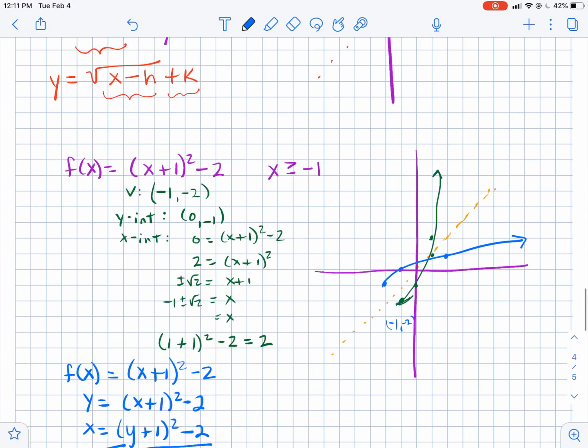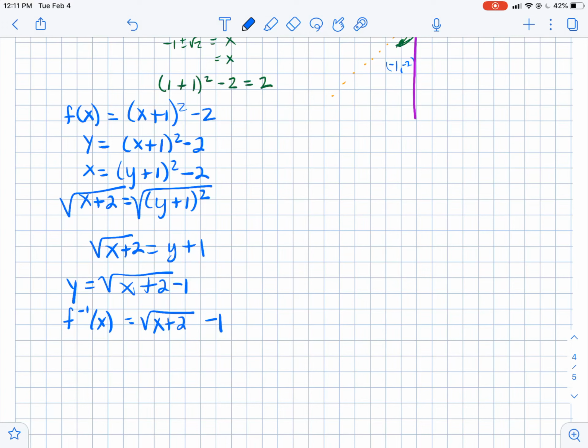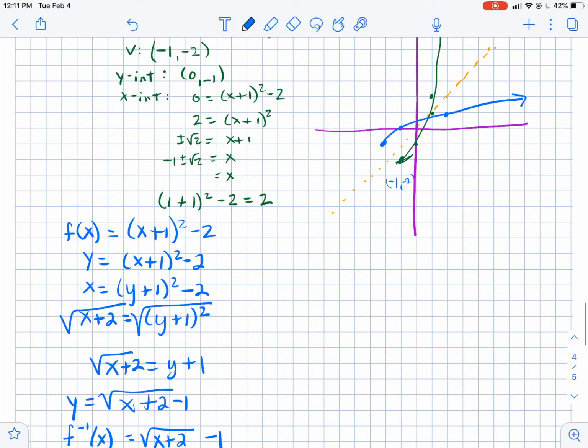And I don't know if on this one up here I did the f inverse. But anyway, when you look at this again, guys, this is your movement to the left in this case, and your movement down. So what that means is that my vertex of my radical should be at -2, -1. There it is.